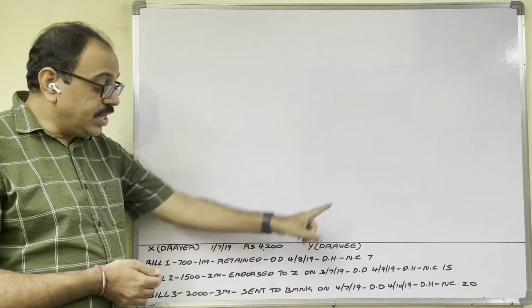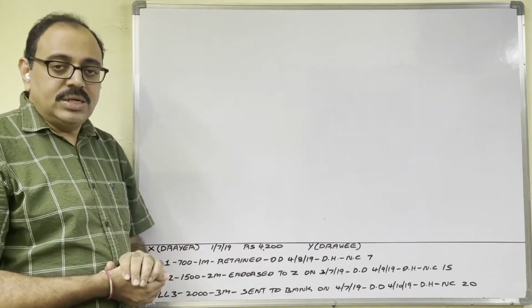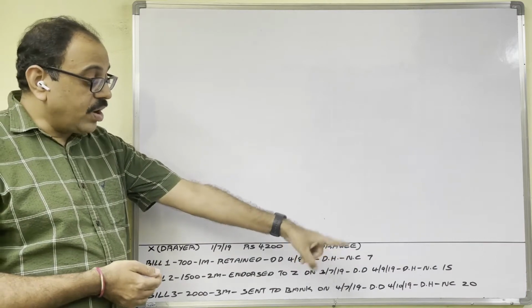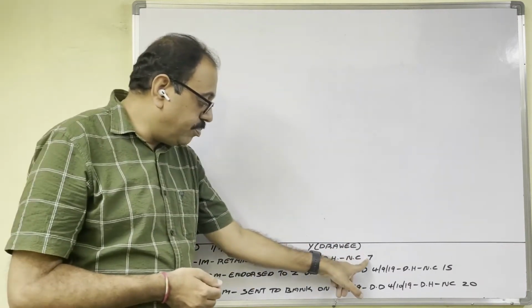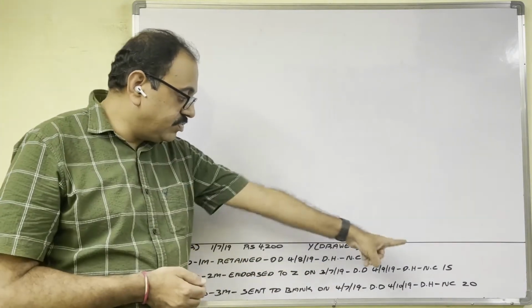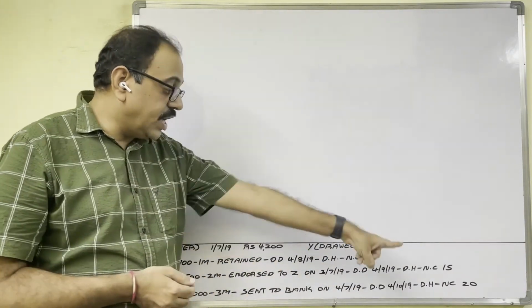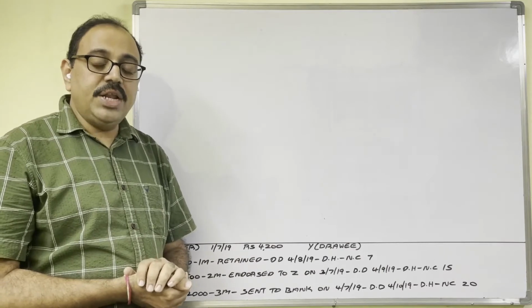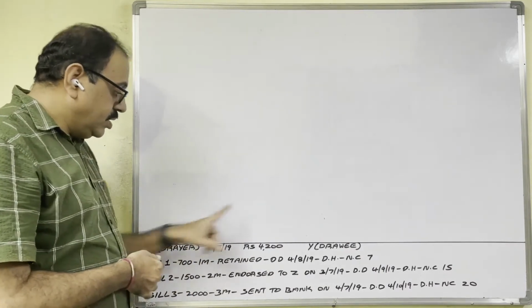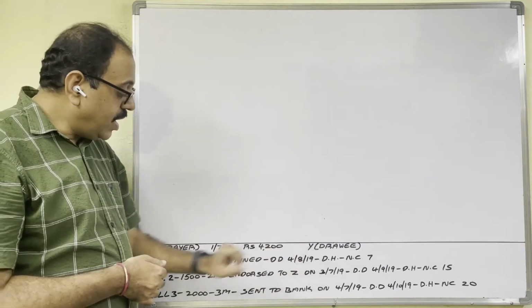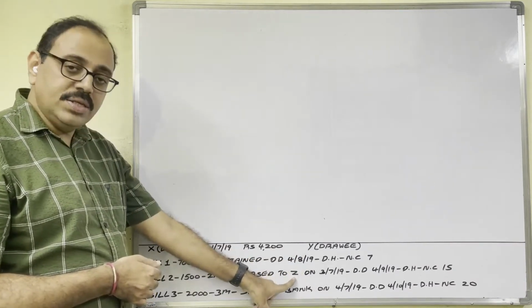All the 3 bills were dishonored on the due dates and noting charges on each bill are also given. First bill noting charges 7 rupees, second bill 15 rupees, third bill 20 rupees. And what is asked in the question? Journal of drawer, drawee and endorsee. Who is endorsee here? Z.